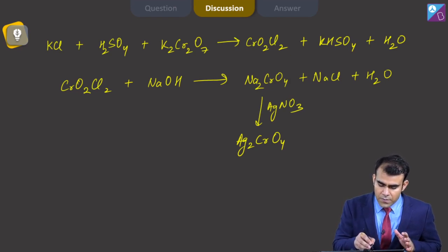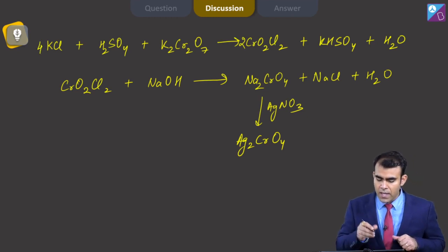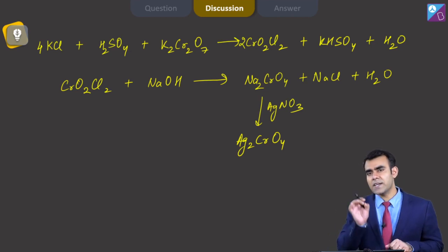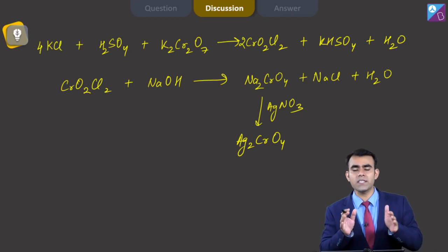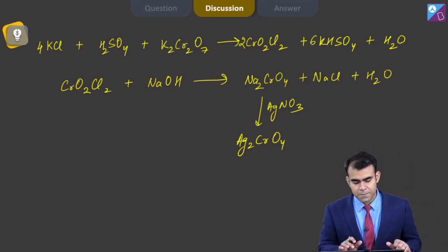Let's first write 2 here, because we have 2 Cr atoms. Because of that, the total number of chlorine becomes 4, so let's write 4 here. After that, you can see we get 4 potassium from here and 2 potassium from here. Potassium is present only in KHSO4 here, which means the coefficient of KHSO4 should be 6.